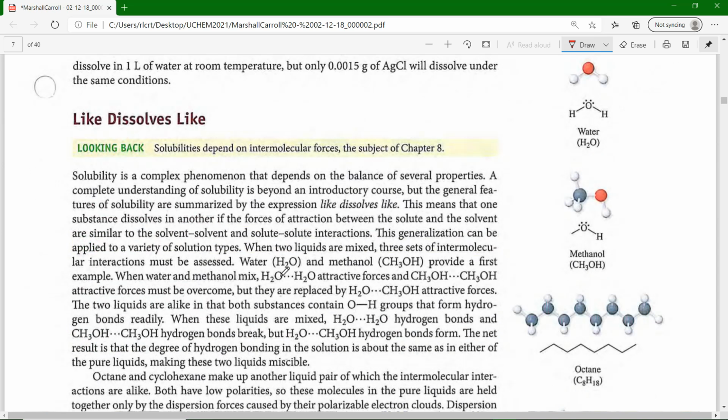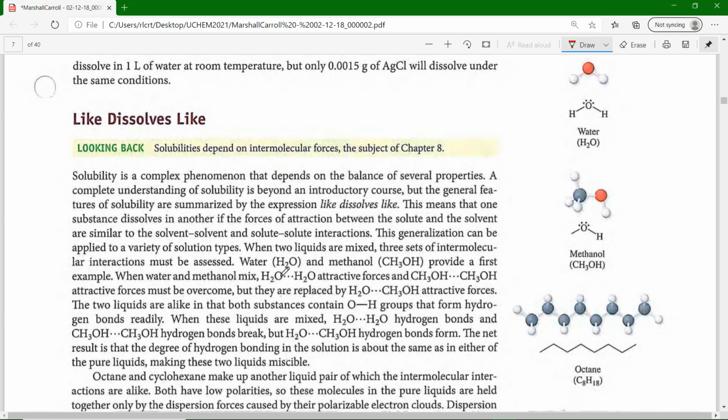So the big deal about this is like dissolves like. So polar molecules will dissolve in other polar molecules. In other words, polar solutes will dissolve easily in polar solvents, whereas nonpolar solutes will dissolve easily in nonpolar solvents. But take a nonpolar solute, it's not so easy to dissolve it in a polar solvent.